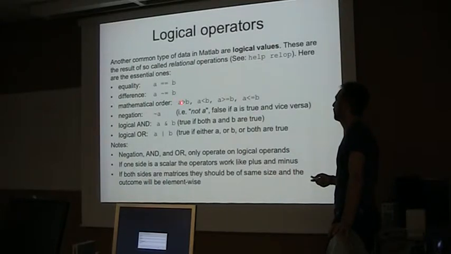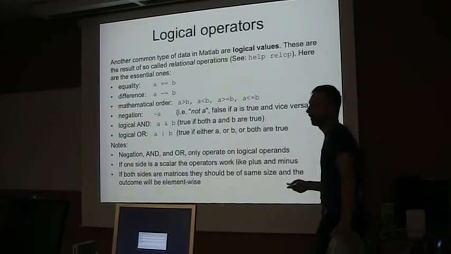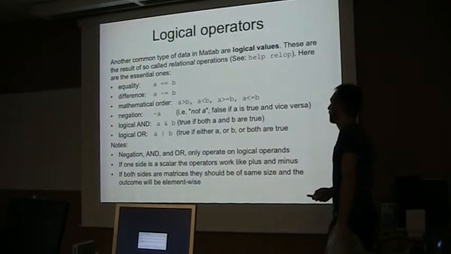Then obviously you have bigger, smaller, smaller equal, bigger equal to. Negation, so something which is not something else. You have and, so both, for example, A and B means that both A and B are true. We have or, which means either A or B or both are true.